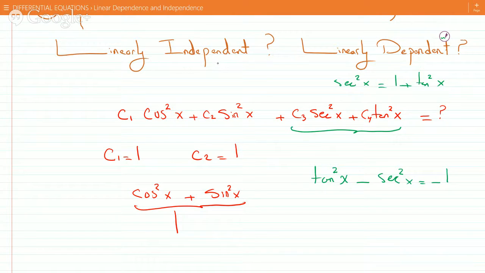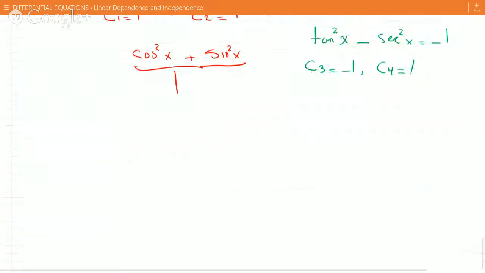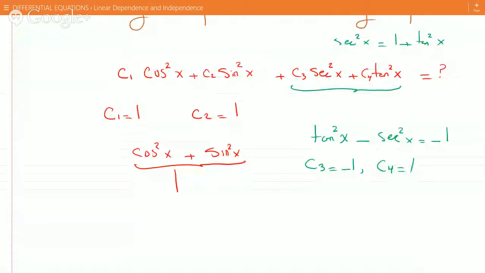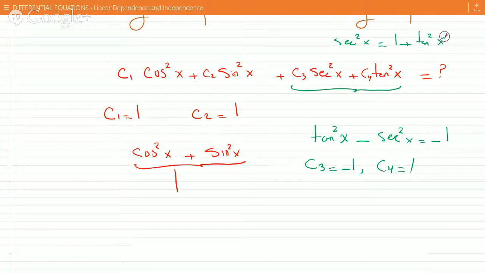So if I make C3 to be minus 1 and C4 to be 1, because that would give you tan squared minus secant squared, then this sum here would be minus 1.